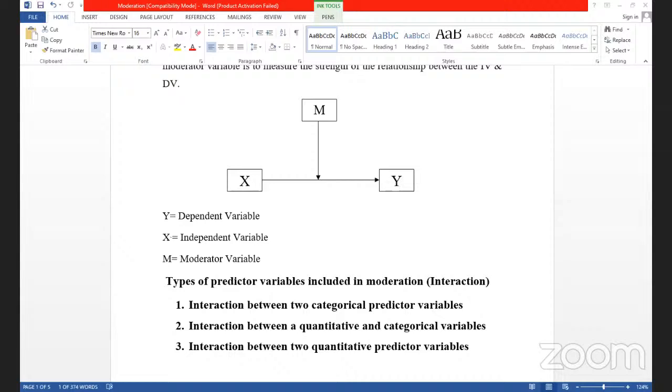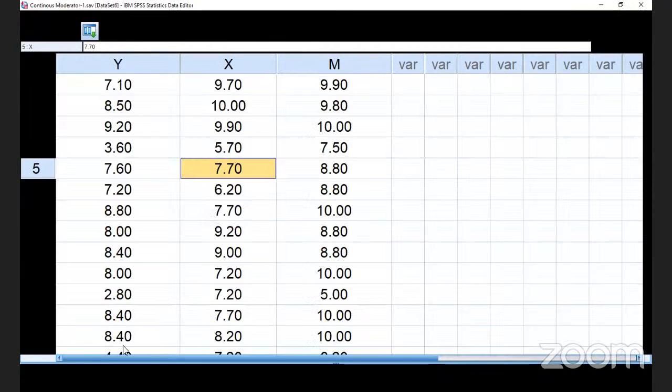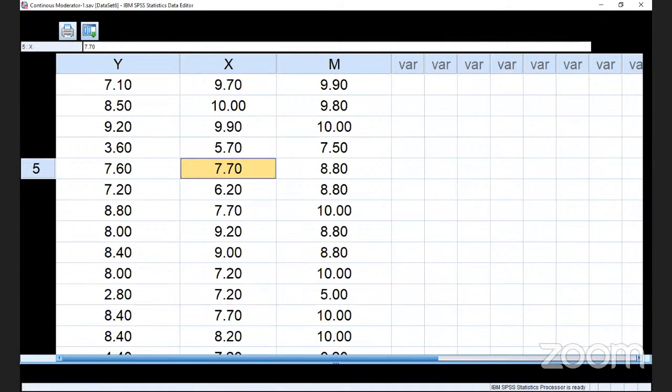So I'm stopping sharing this slide and taking this simple case study. Stop sharing, and the case of a categorical moderator. Okay, this is the case. So it is continuous.